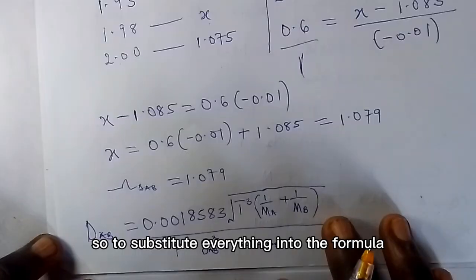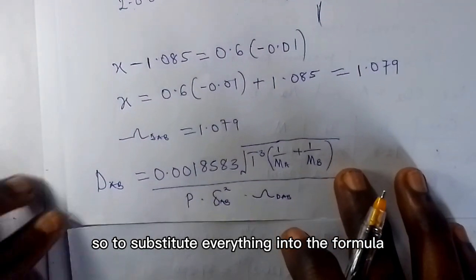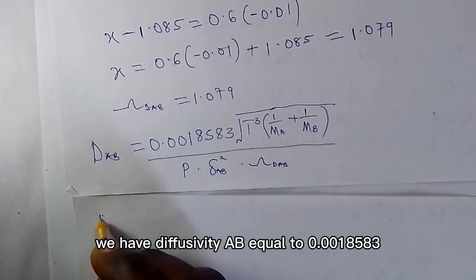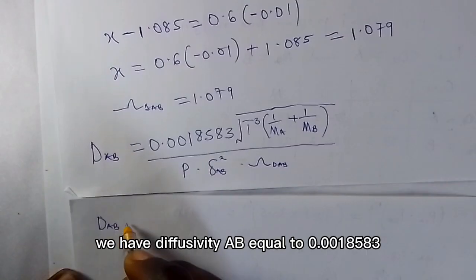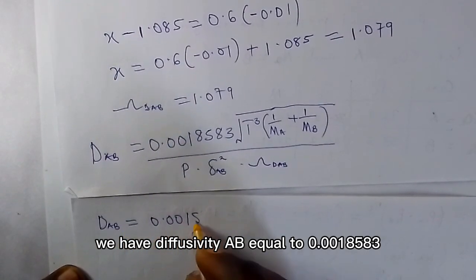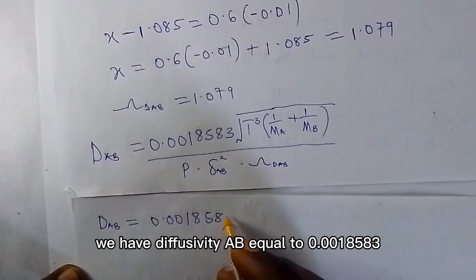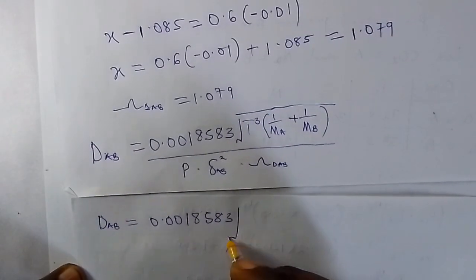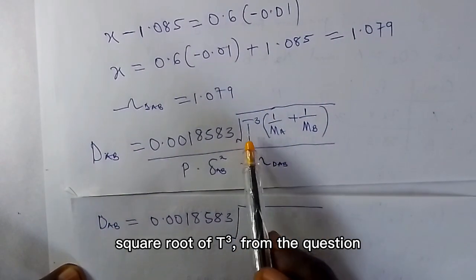So to substitute everything into the formula, we have diffusivity AB equal to 0.0018583 square root of T cubed.